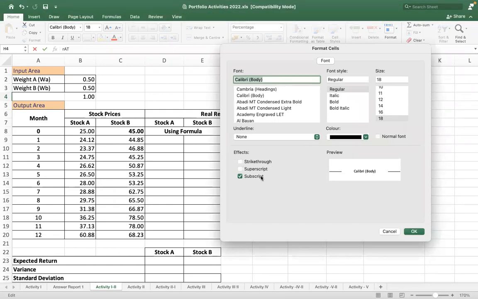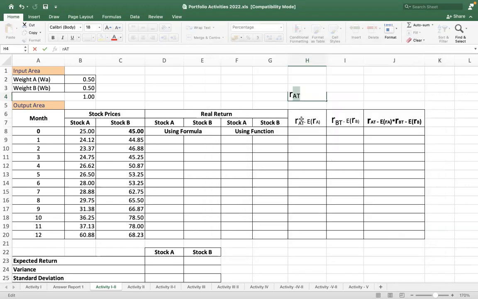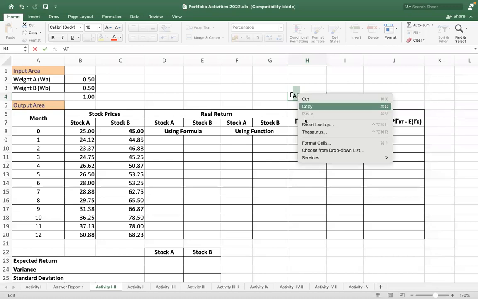You can use these formats, subscript or superscript, if you type a power value. So we can use superscript, and if you use a smaller value, like R subscript AT, just select the AT and format cells.